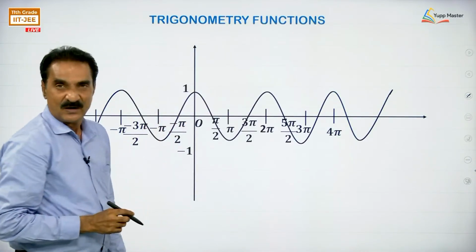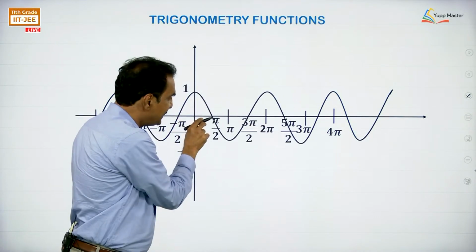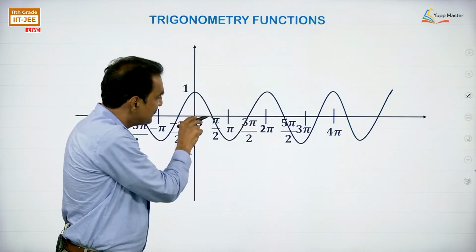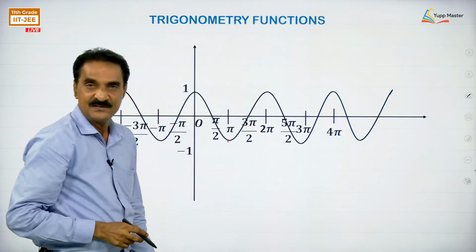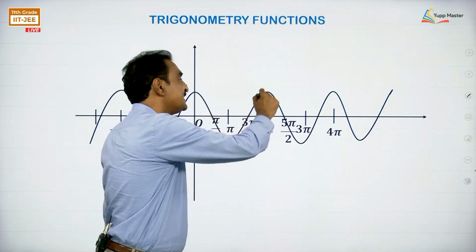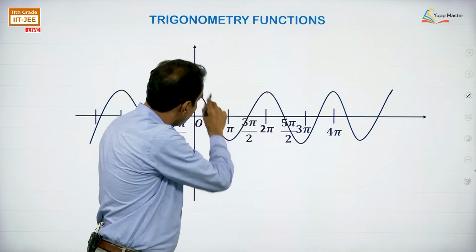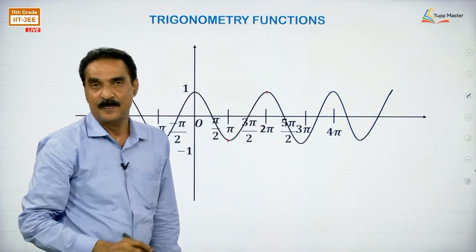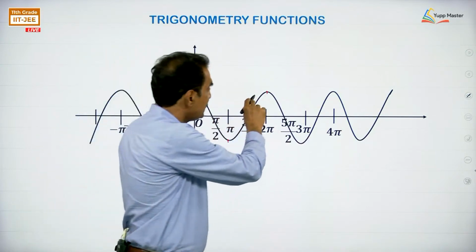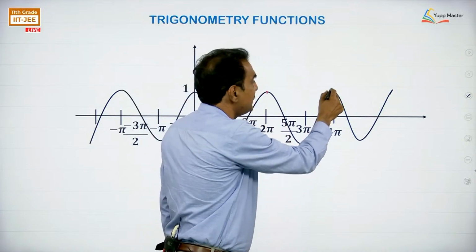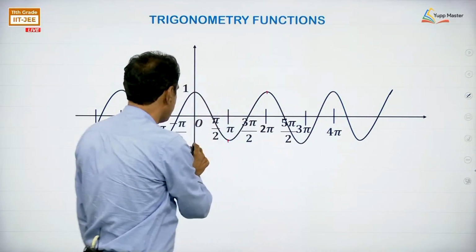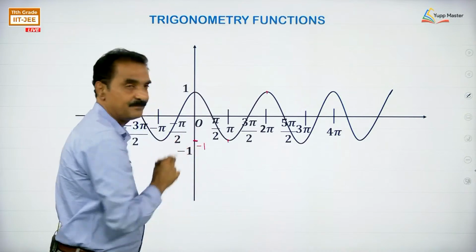At 0 it is 1, cos 0 is 1, cos 90 degrees is 0, it decreases till 180 degrees. From there it increases till 2 pi. Again the same cycle will continue. From here it decreases, reaches minus 1, again reaches plus 1. This is 1, this is minus 1.